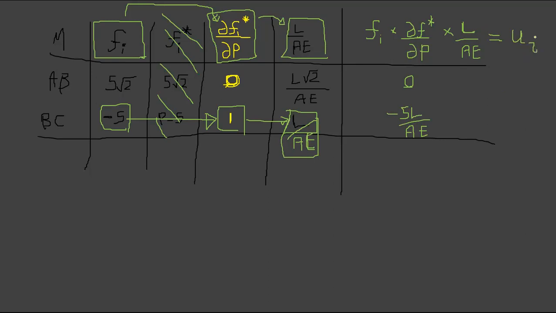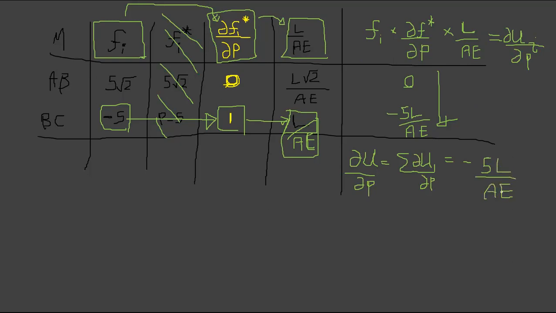Strain energy of the ith member. So you can write U as the sigma of Ui. When you add these, that's going to be delta Ui by delta P. Right, this is going to be F L over AE.